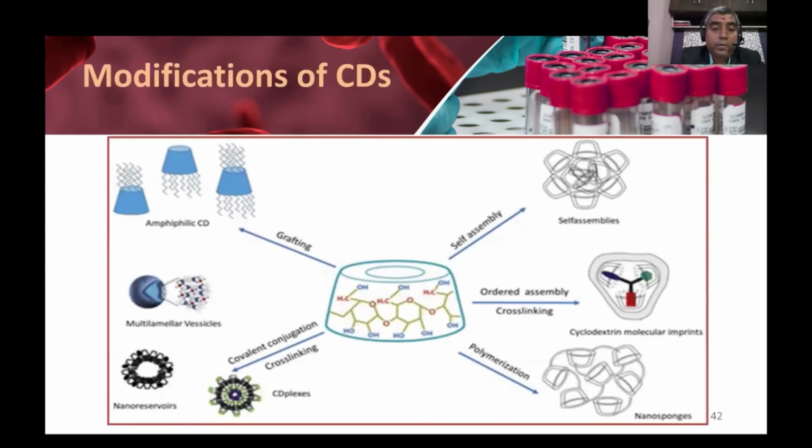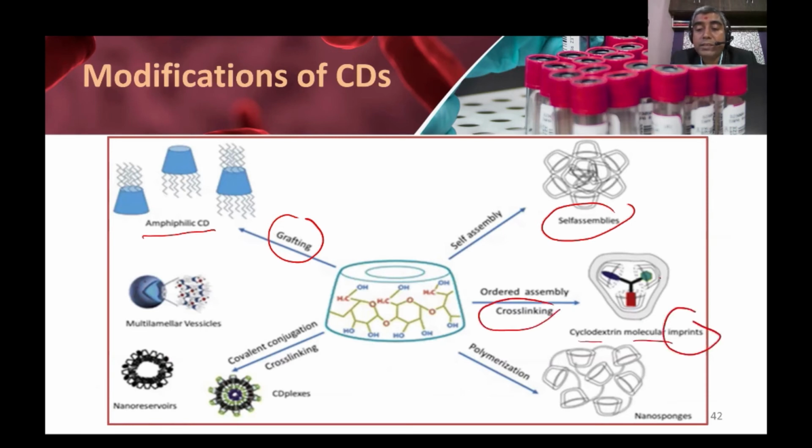If we do grafting of this cyclodextrin, we get amphiphilic cyclodextrin. Self-assembly gives self-assembled structures. Ordered assembly or cross-linking gives cyclodextrin molecular imprints. Polymerization of cyclodextrin gives nanosponge, and covalent conjugation with cross-linking gives cyclodextrin complexes, nanoreservoirs, and multilaminar vesicles.